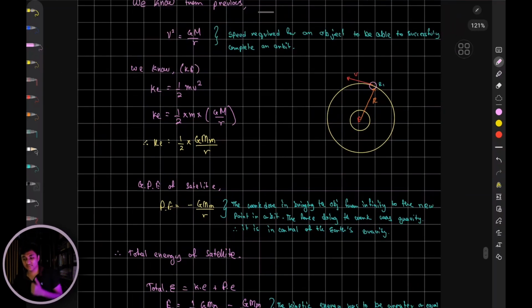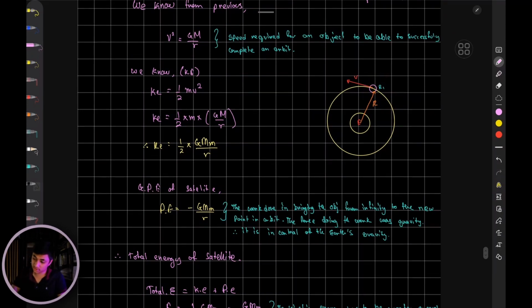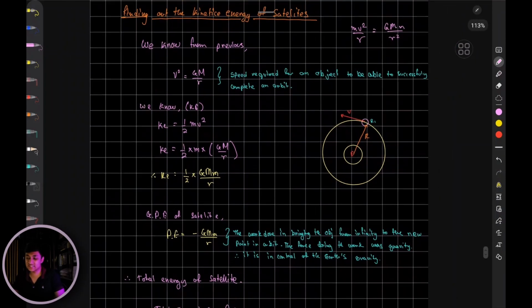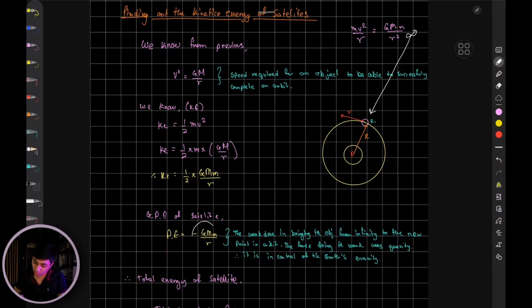What both of these figures mean is, if I have this object revolving around Earth, it has a certain kinetic energy, half GMm by r, and its potential energy, meaning the work done needed in bringing this object from infinity to this point, was minus GMm by r.